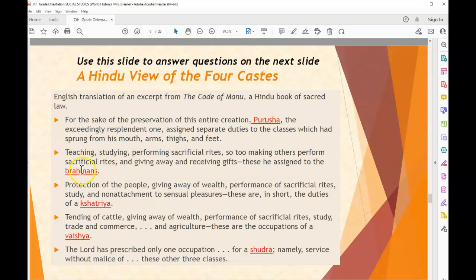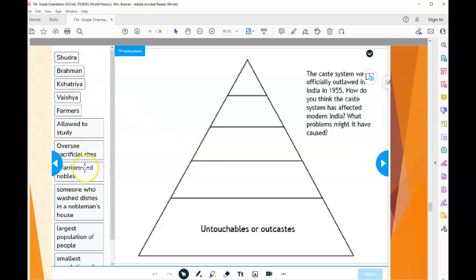So here are some of the different classes: the Brahmins, the Kshatriya, the Vaishya, and the Sudra. And then what did they have? You've got teaching and studying, protecting of people, tending of cattle, sacrificial rites, trade and commerce, agriculture, and then the Shudra provides services to all these other classes. So you're going to use that to help you do the drag and drop.